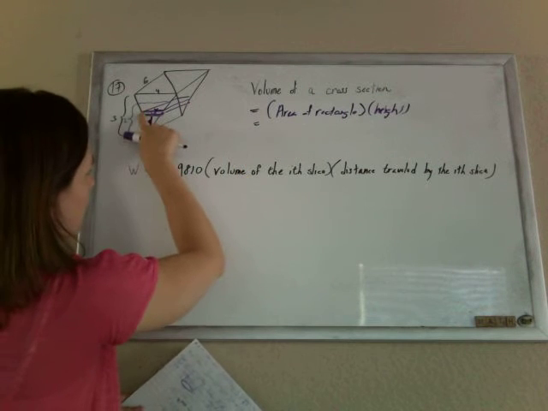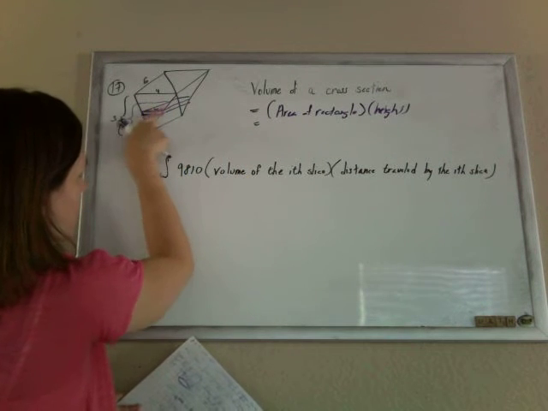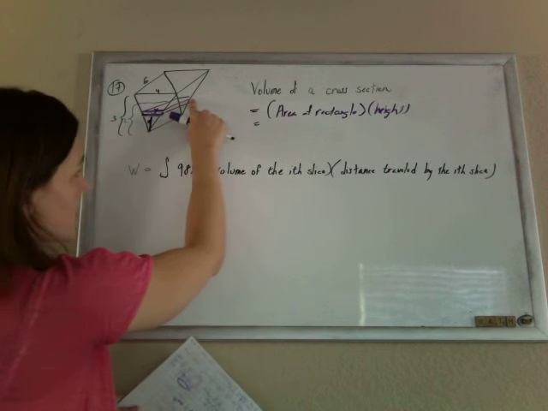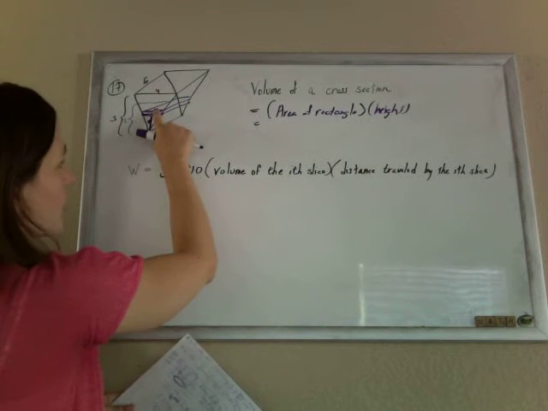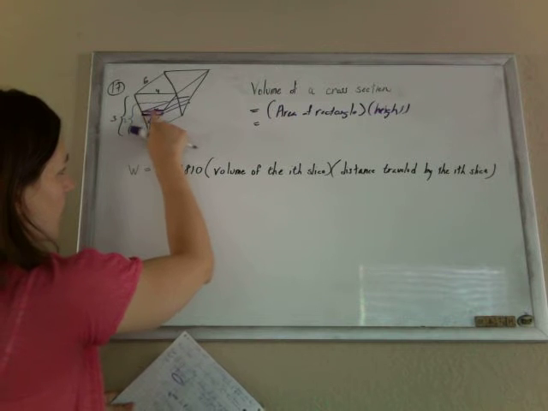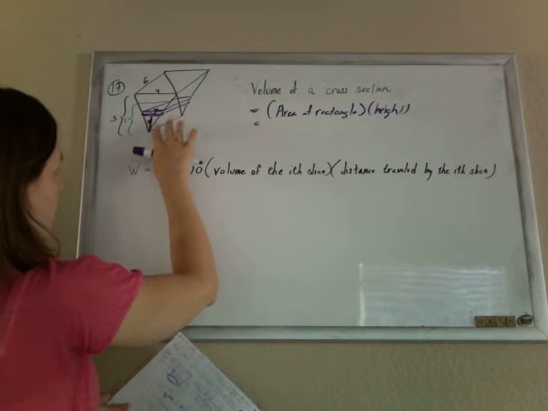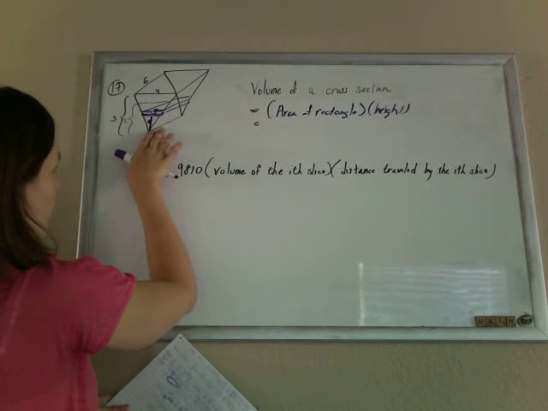Now the length is changing, right, depending on how long it is. The width, this part here, that 6 is always going to be the same. But what I'm going to need to do is find this length here in terms of x. So to relate them, I've got some similar triangles going on.